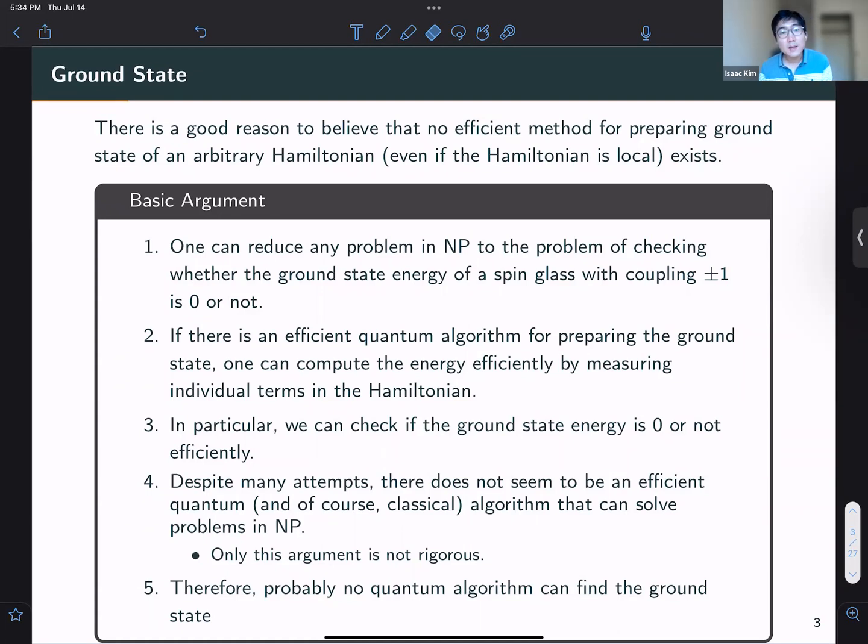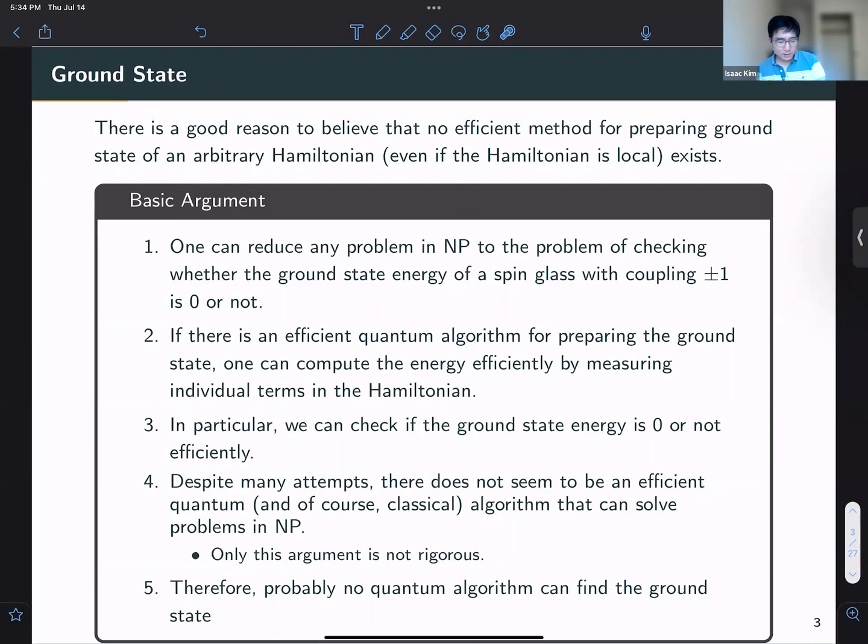It turns out that any problem in NP, I won't explain what NP is, but for the purpose of this lecture, you can think of them as a large enough class that includes very difficult problems to solve efficiently. Any problem in NP can be reduced to the problem of solving the ground state of the spin glass problem.